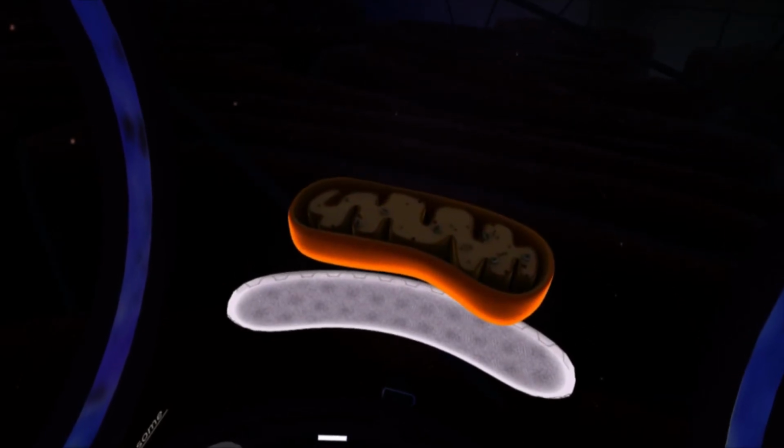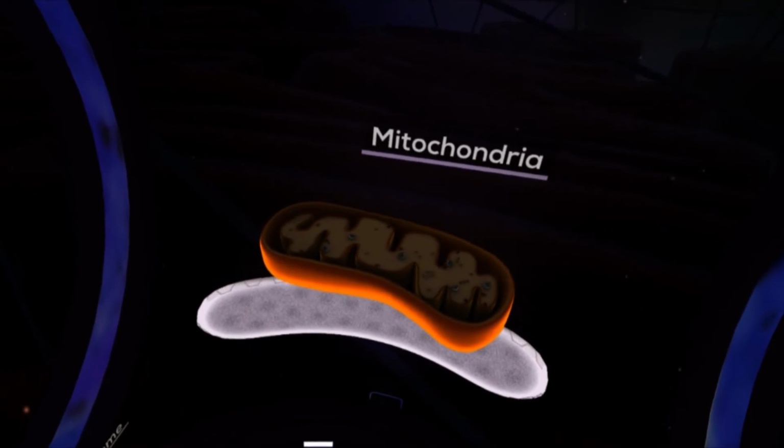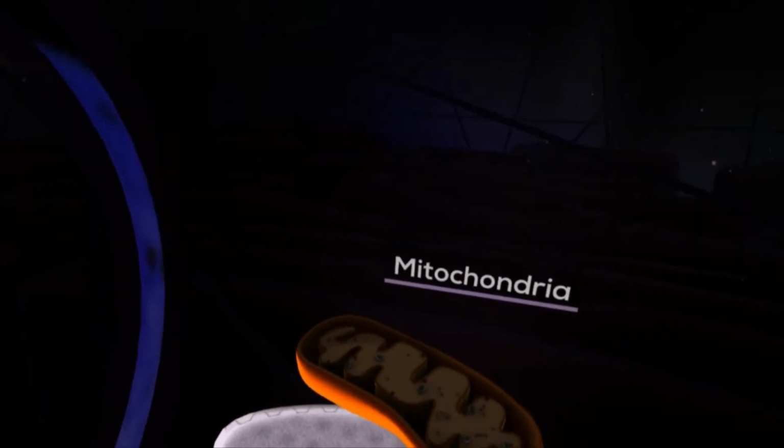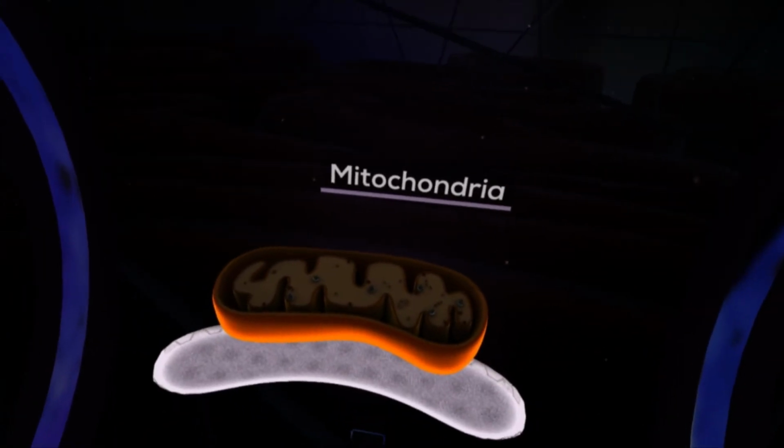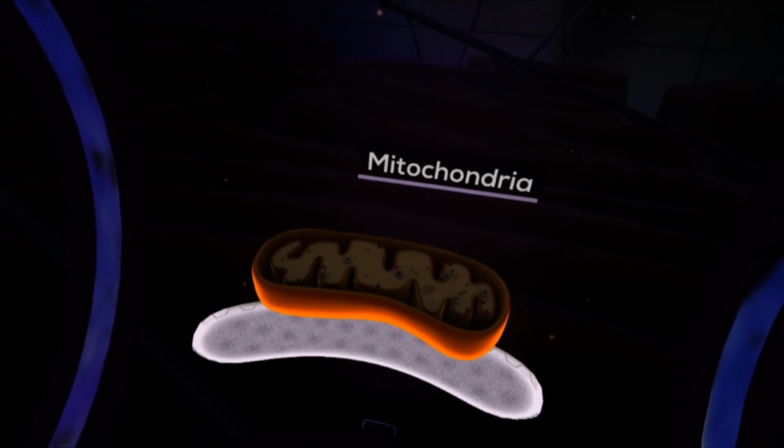In the distance, you can see a mitochondria. Mitochondria are free-floating organelles, typically referred to as the powerhouse of the cell. Mitochondria received their name due to their vital role in ATP generation.